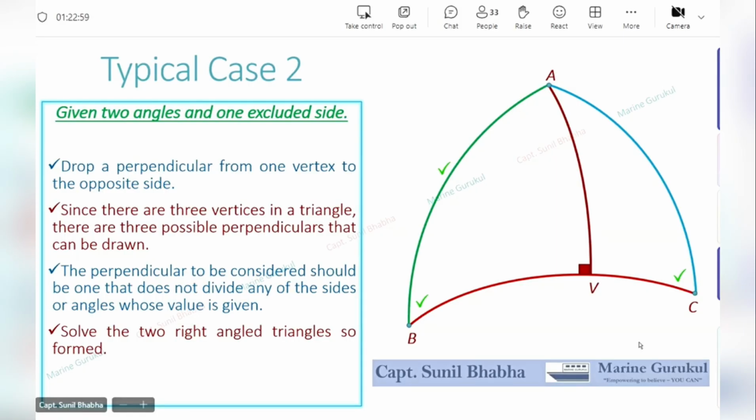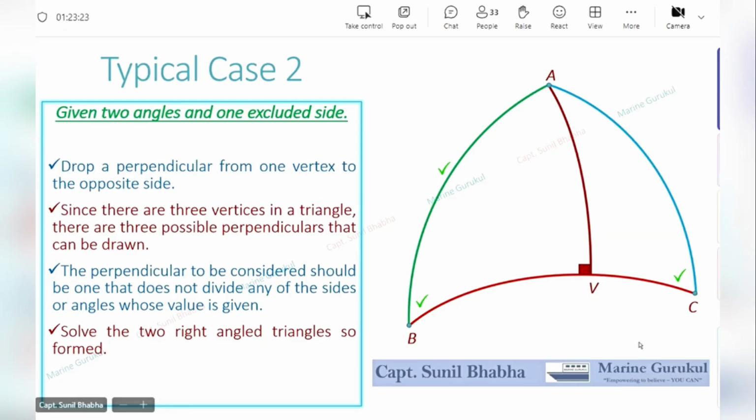The third point is written: the perpendicular to be considered should be one that doesn't divide any side or angle. Okay, I'll tell you. Now, beta, when you pick an angle to drop the perpendicular, angle A, angle B, or angle C, one of the vertices of the triangle, which one should we pick?